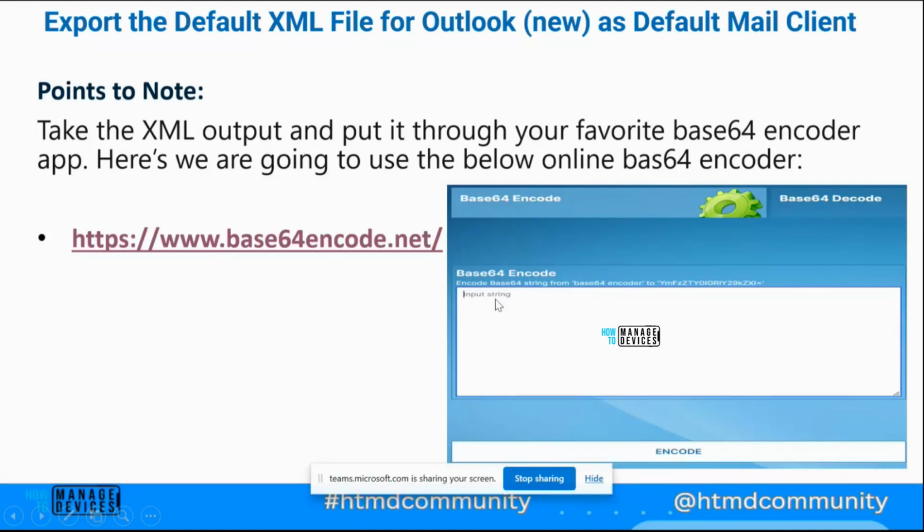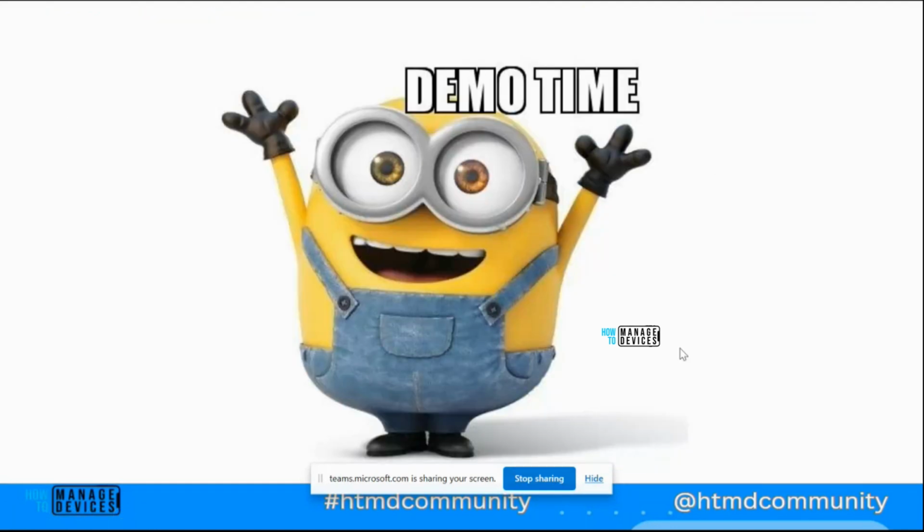Here we will put that XML file of our default application, and we will encode it, and that string value we will configure in the base64 output format. So that's all for this slide, and it's demo time now.